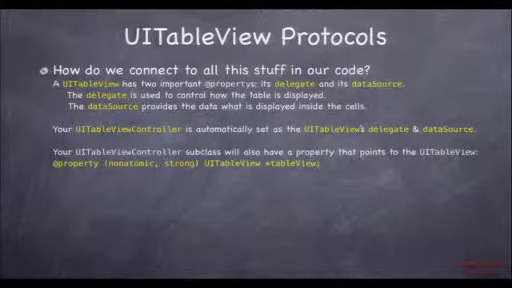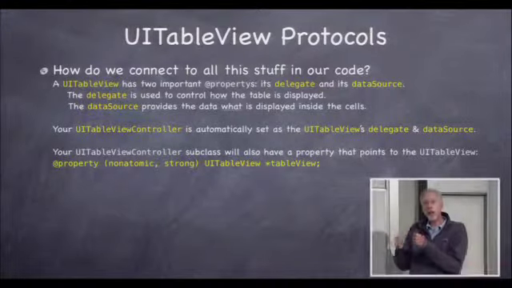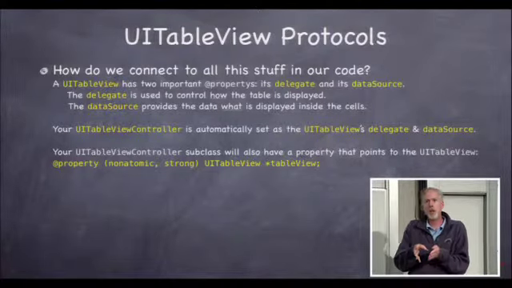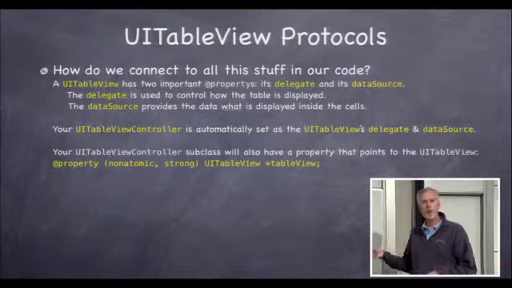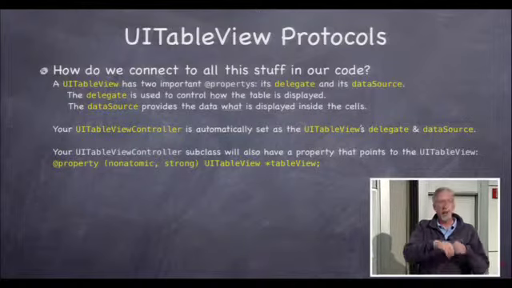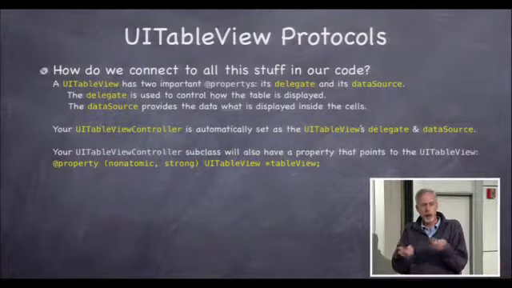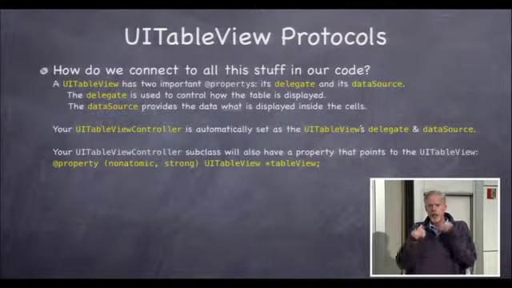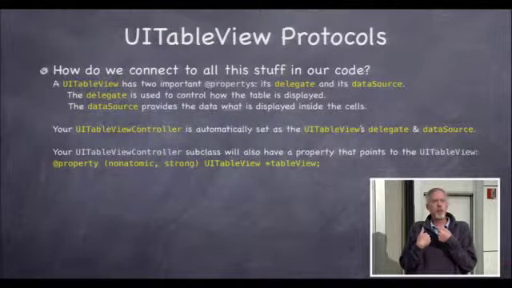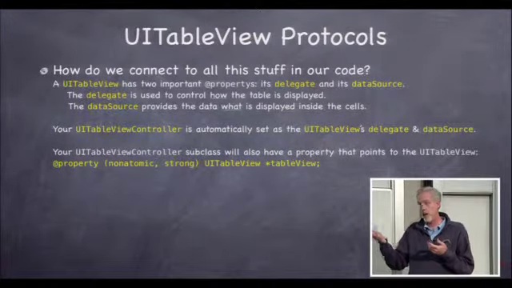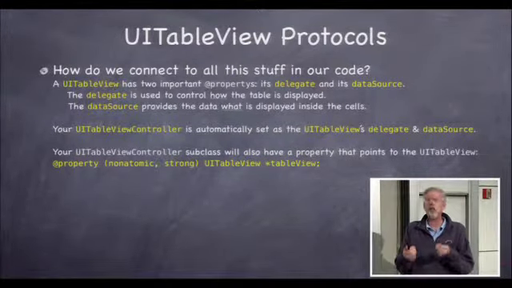The UI table view controller class automatically sets itself as both the delegate and the data source to the table view that's inside of it. So when we dragged that table view controller out, and it already had a table view there, that controller, which we subclassed, our subclass is the data source and the delegate by default. And this is almost always the way you use the table view. You could specify some other random object to be the delegate or the data source, but usually it's the controller.